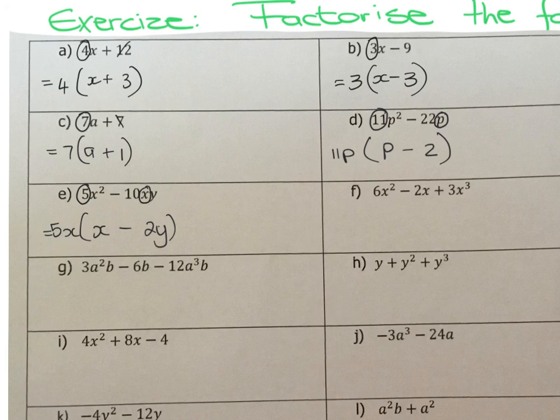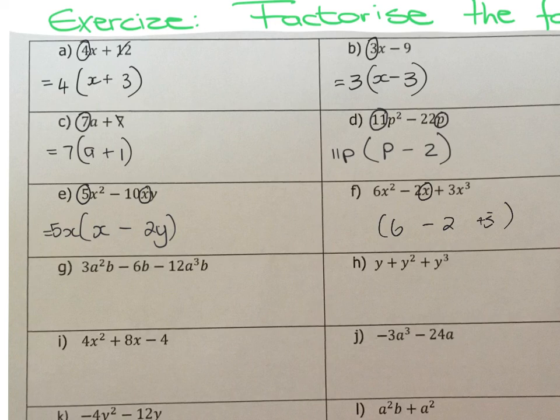The next one, 6, 2, and 3. There's no common factor for those numbers. So what we'll do is we will bring them down already. We'll say 6 there, and minus 2 there, and plus 3 there. Now, if I look at the x's, I can find that there is a common factor in all the terms.